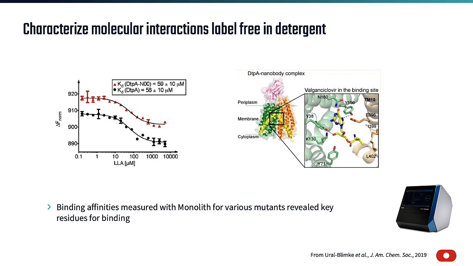Now, in the graph on the left, you can see the binding curve for the interaction of one of the tripeptides with the transporter, either alone or in complex with a nanobody. And then by doing binding measurements using various mutants of the transporter, they could map the key residues involved in the binding.